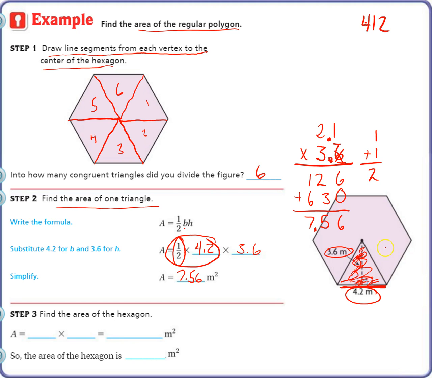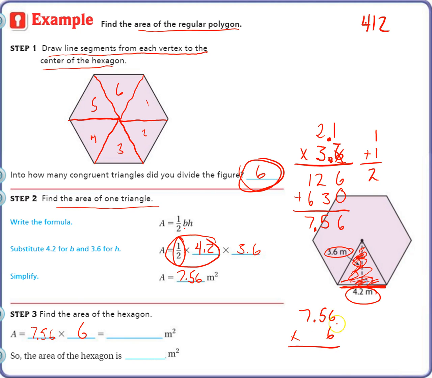But I need to find the entire area. So I need to take that area of 7.56, and times it by how many triangles I had, which was 6. And that will give me my final answer. So 7.56 times 6 triangles. One triangle has an area of 7.56.